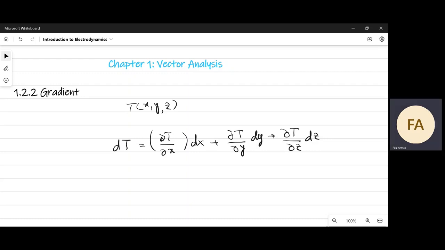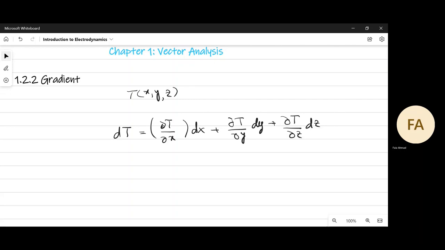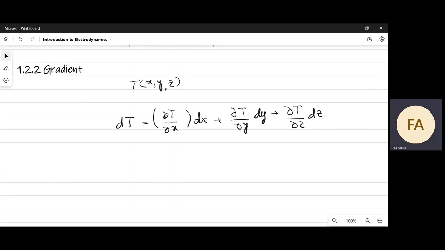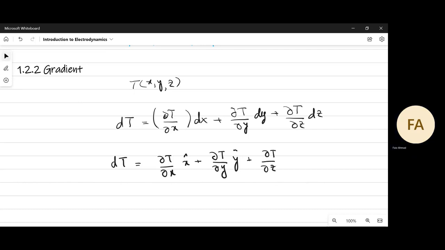If we go further into it, to express dT in terms of vectors, we can write dT is equal to partial T over partial x unit vector plus partial T over partial y unit vector plus partial T over partial z unit vector, dotted with the length element where we are moving.